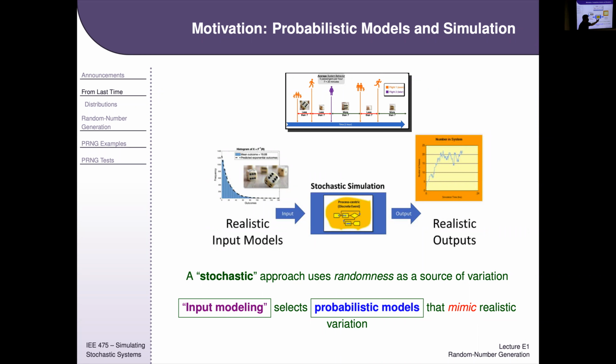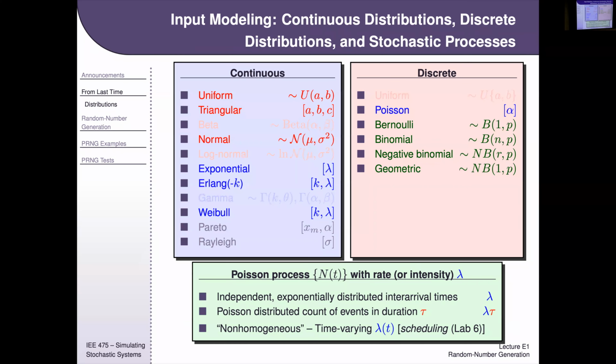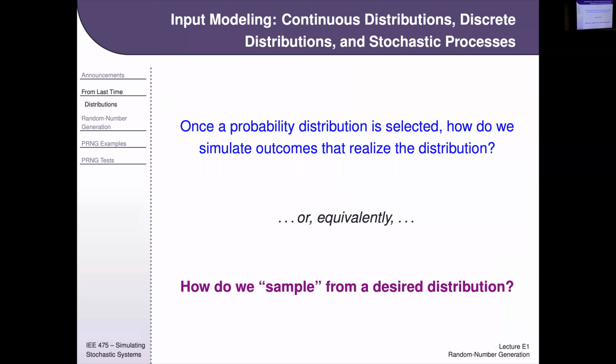The input is squeezed through the process diagram that we've drawn in ARENA, and we get variations on the output. So once we choose the distribution, we have to get the computer to actually generate those things. So how do we do that?